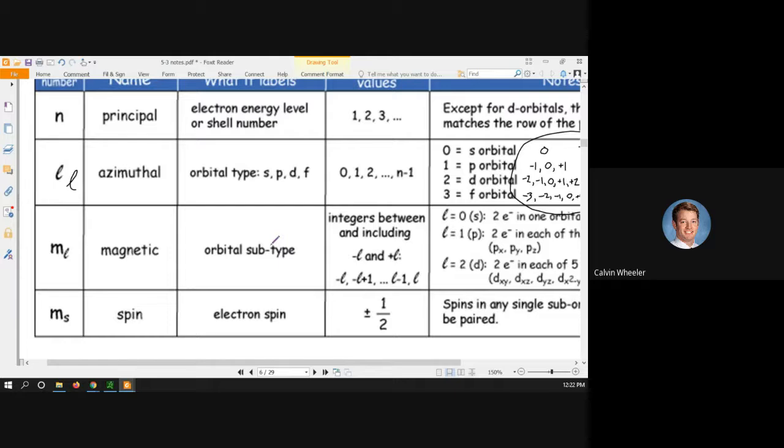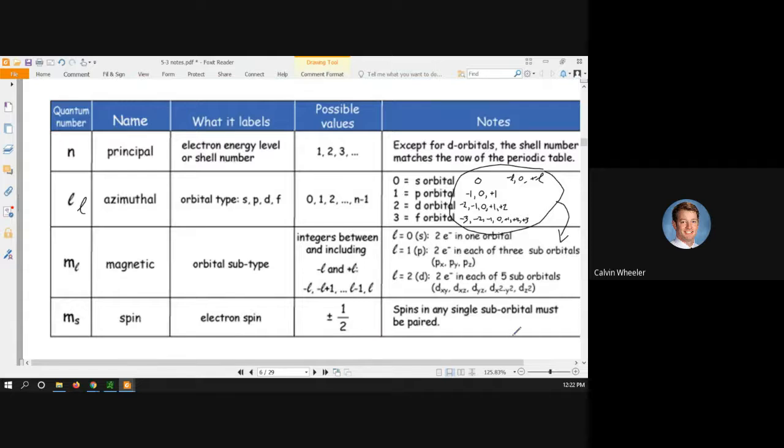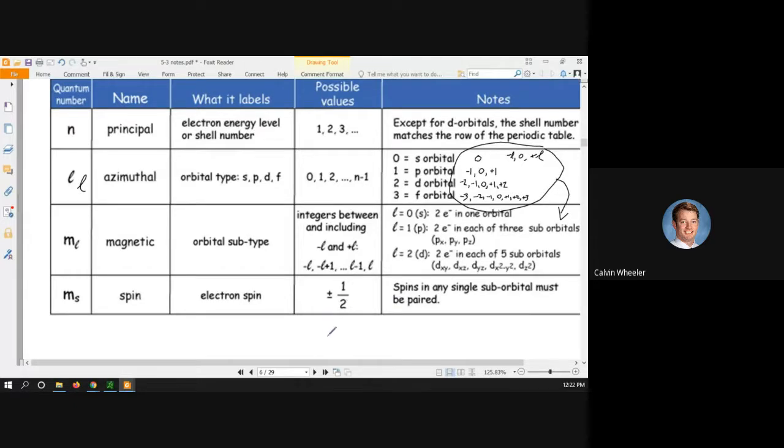If they are not, they will repel one another. So the last thing that we could do to pinpoint an exact electron is to describe which direction they're spinning. Are they spinning up or are they spinning down?